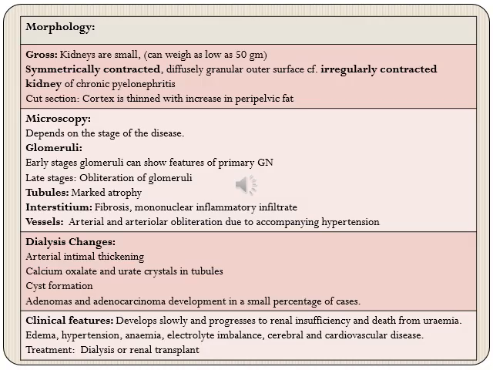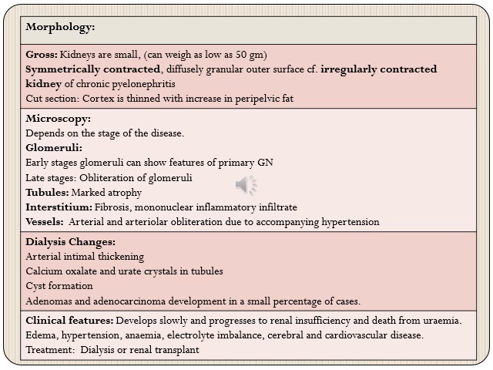Coming on to morphology of chronic glomerulonephritis, grossly the kidneys are small and can weigh as low as 50 grams, and these are symmetrically contracted, meaning both the kidneys will be almost similarly contracted, and there will be presence of a diffusely granular outer surface of kidney.